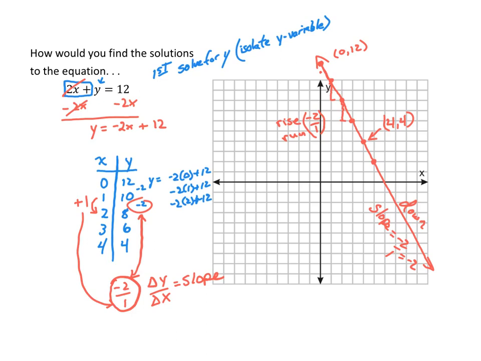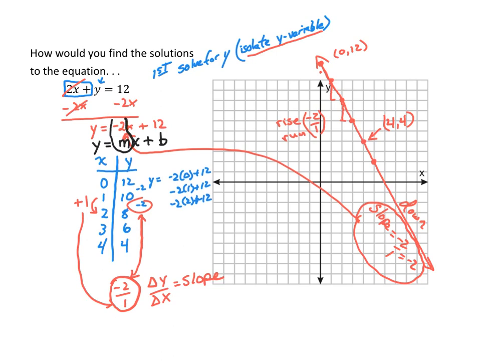Now, in our equation, this slope of negative 2 is in there, but only after we have isolated the y. See, we isolated the y variable. When we wrote this equation, we were going for something special, and the special thing we were going for is this form of the equation, y equals mx plus b. The slope is the m.